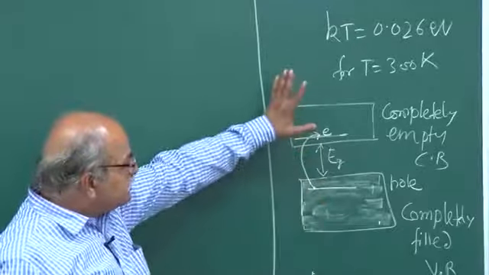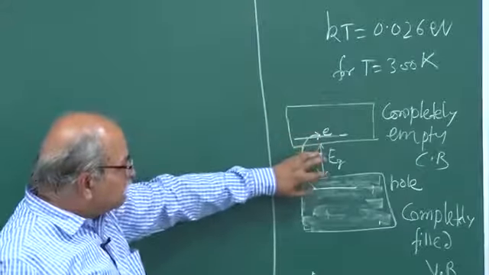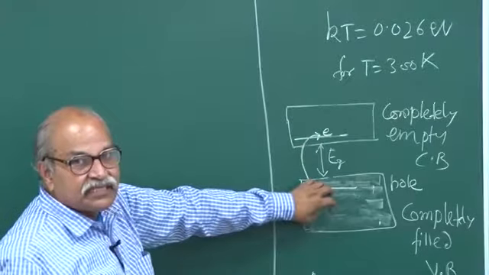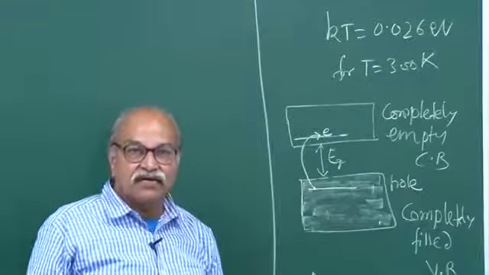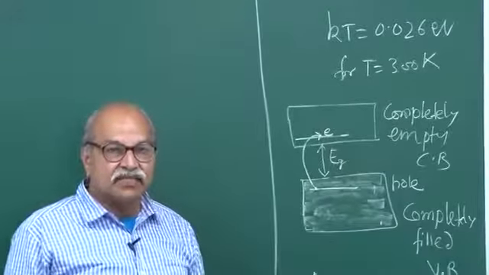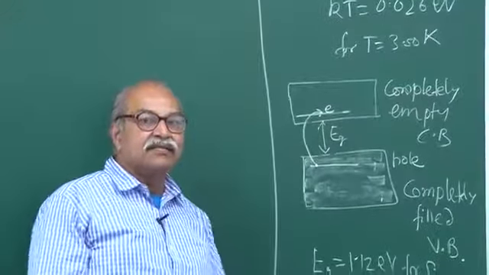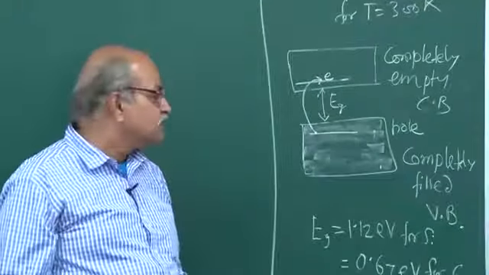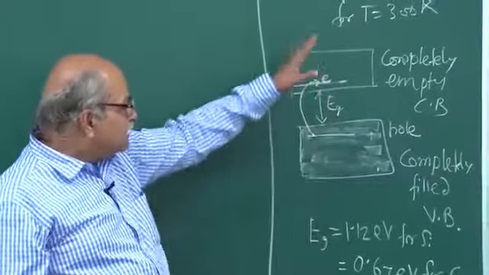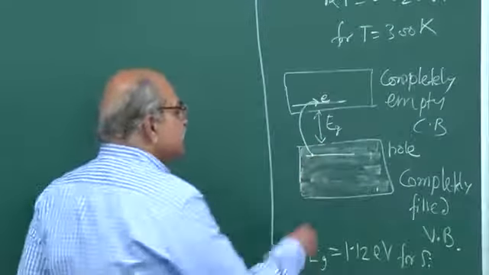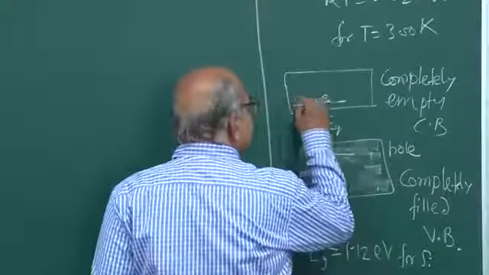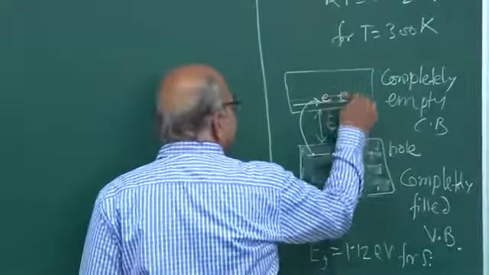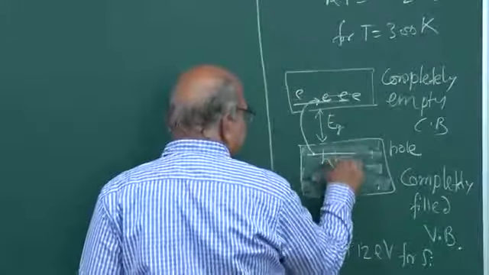At any given temperature you will have some electrons here and some holes here, because thermal interactions are always there. Energy is taken by the electron, given by the electron, so those kinds of exchanges are always there. So at any given temperature, some of the quantum states here will be empty and some of the quantum states here will be filled, and therefore you will have some electrons here and the same number of holes here.